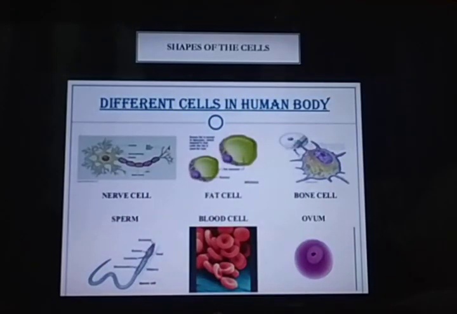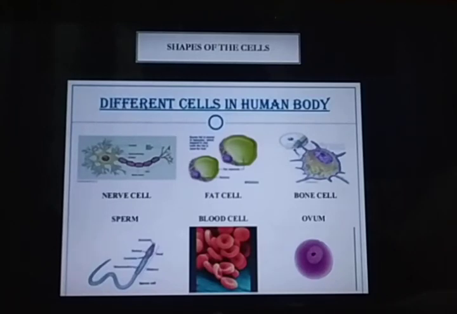Now we are going to talk about the shapes of the cells. What different types of shapes do we have? There are many different types of shape. Every organism is made up of different cells, and the shapes are different. So we are going to see the different shapes in the human body only. You can see it here. The nerve cell is branch shaped. The fat cell is round, an irregular circular shape.